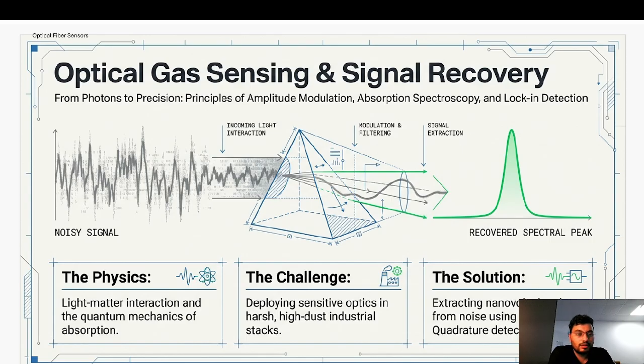Okay. So this week was fully about gas sensing and signal recovery. First, I'll discuss gas sensing, where usually the optics, which is IR radiation, electromagnetic radiation, and visible light, can directly interact with the gas molecule and can be absorbed.